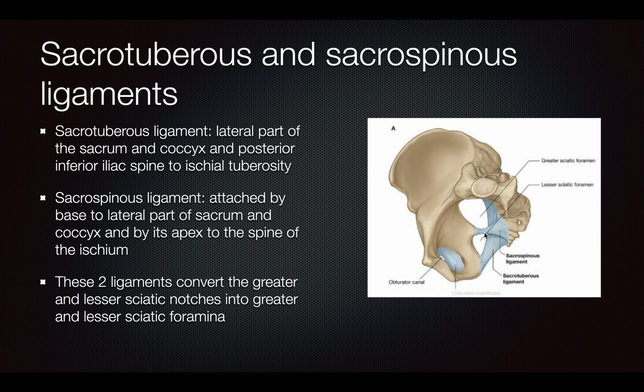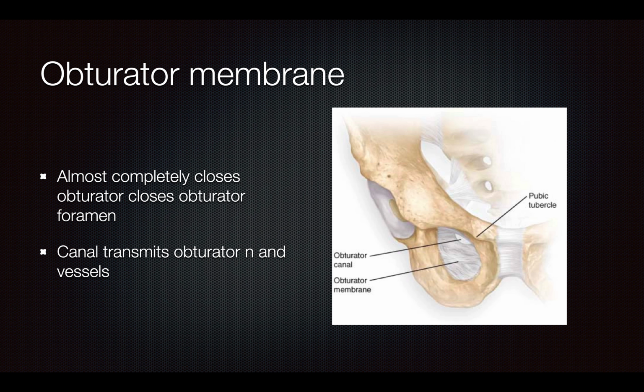It's just the way anatomists like to define how large structures are in the body. Okay, so the obturator membrane is the membrane that almost closes the obturator foramen, and in doing that, it makes this little canal called the obturator canal, and that will transmit the obturator nerve and vessels.